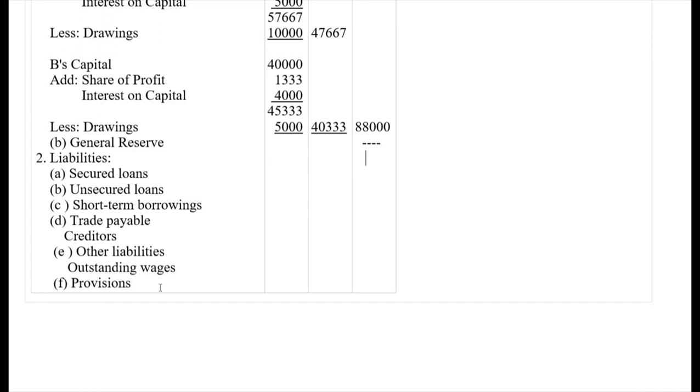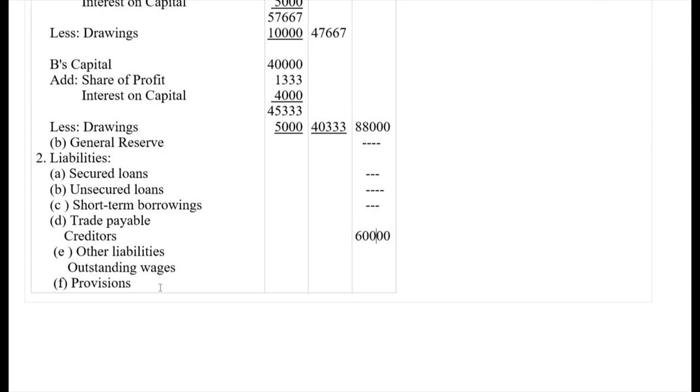So secured loans, we don't have anything. Then unsecured loans, we don't have anything. Then we don't have any short-term borrowings. Then we have got trade payables, that is creditors, which is given as rupees 60,000.